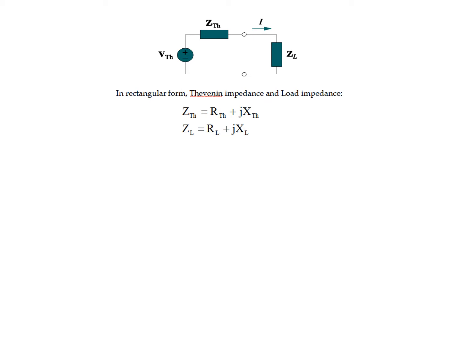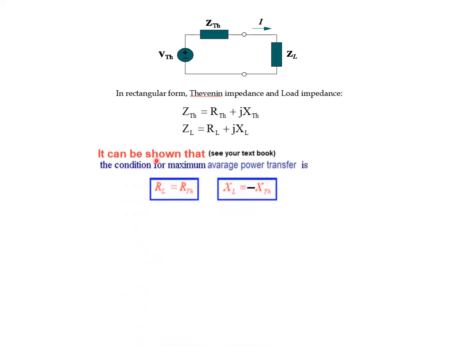So Z Thevenin can be written as R Thevenin plus JX Thevenin, and similarly the load impedance can be written as RL plus JXL. Now for maximum power transfer, the derivation I am omitting, this is in the book, you can go through, but simply RL has to be equal to R Thevenin for maximum power transfer, and similarly XL has to be equal to minus X Thevenin.